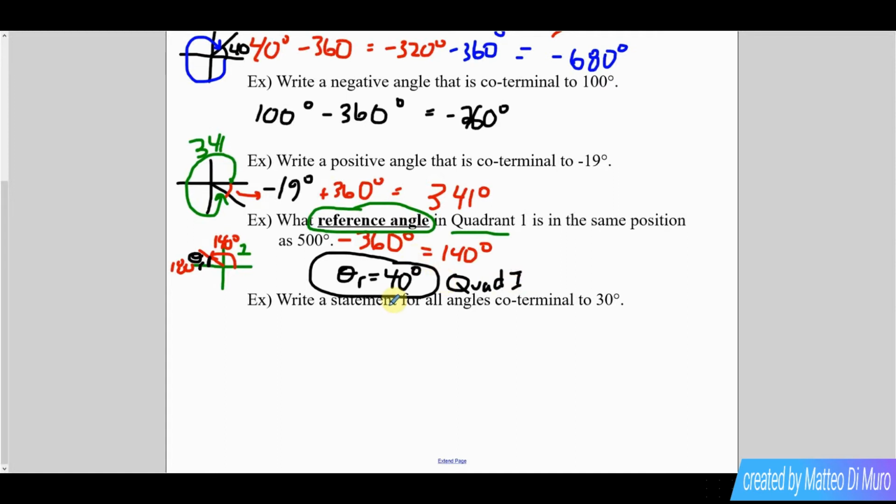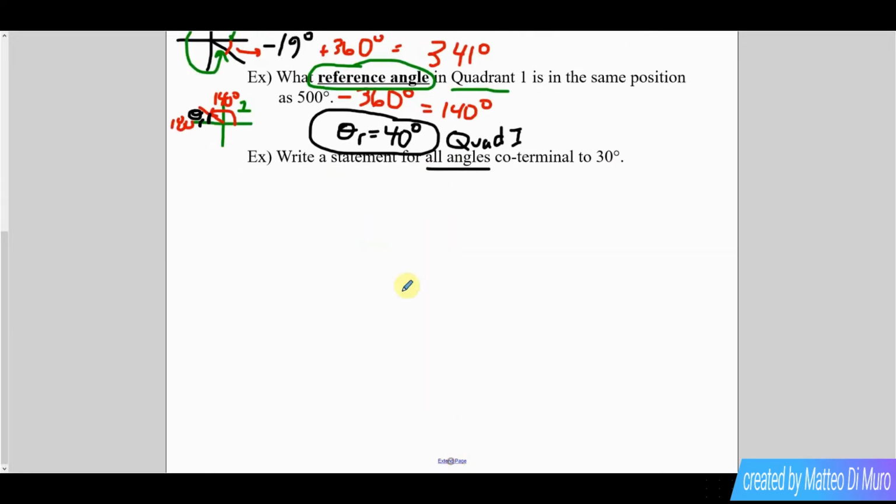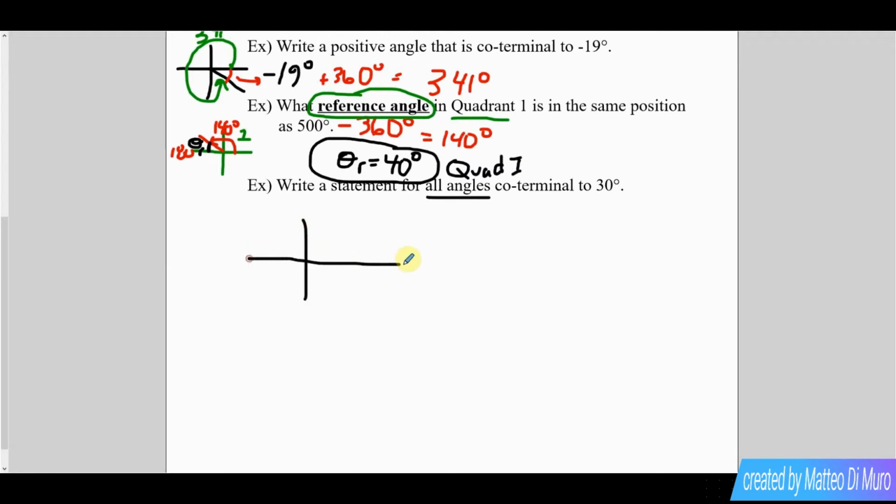Last example here says, write a statement for all angles coterminal to 30 degrees. Well, a statement for all angles means an infinite number of angles. So 30 degrees would be right here. If we're going to find coterminal angles, we're just going to keep adding 360 degrees to 30. So I'm going to write 30 degrees plus 360, times some number k.